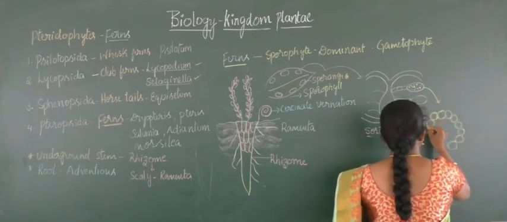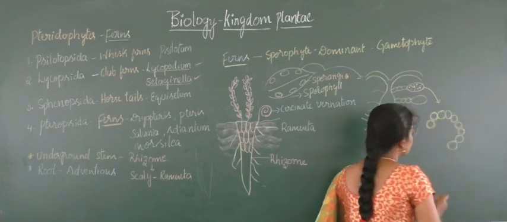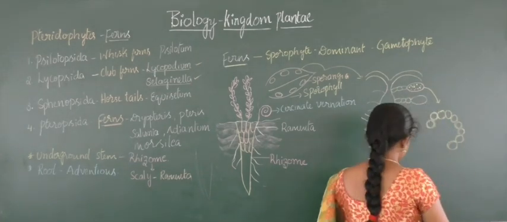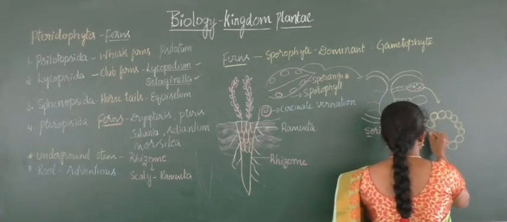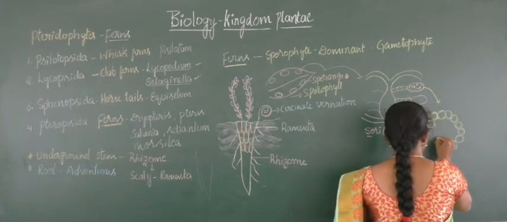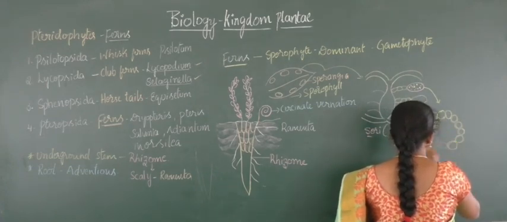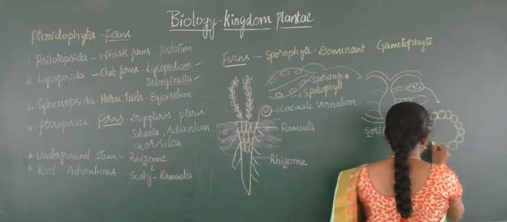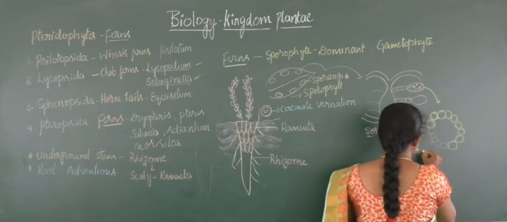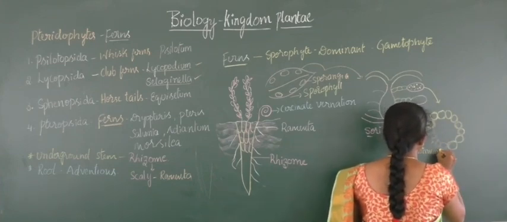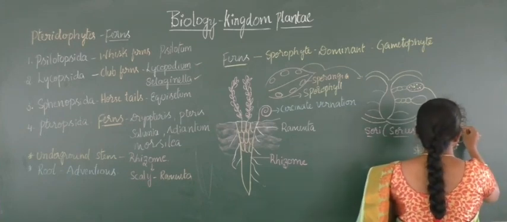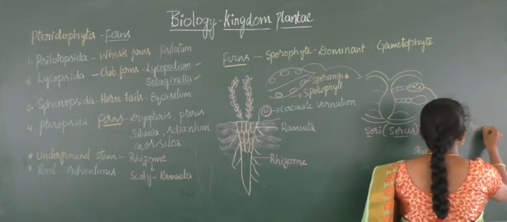Dehiscence means rupturing. On one side there will be thin walled cells, outer cells also, and they are called stomium. And these are said to be annulus.